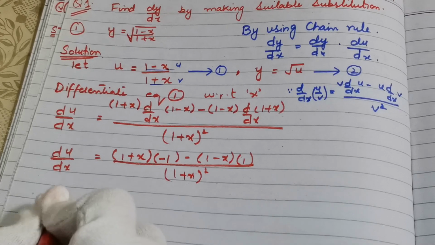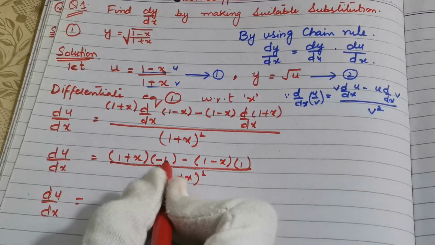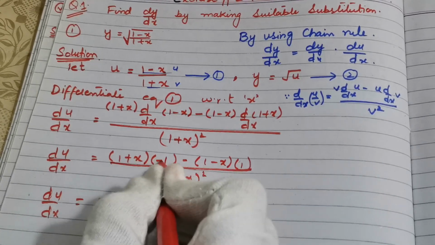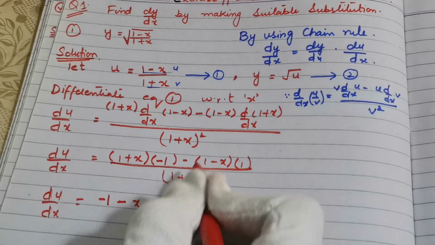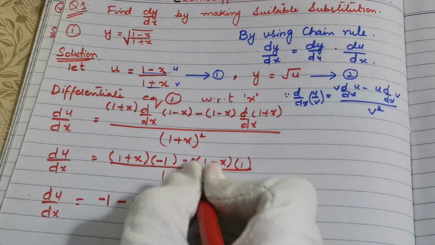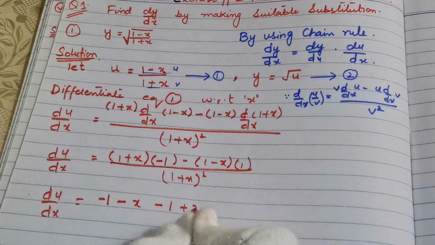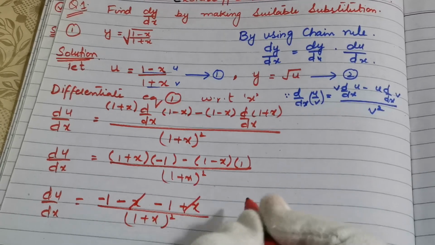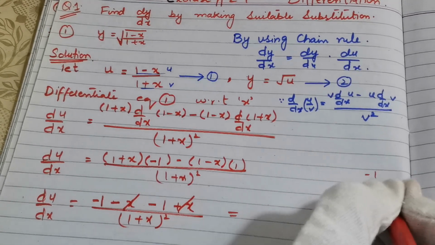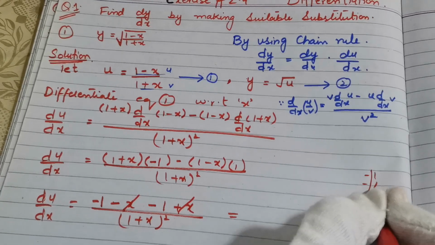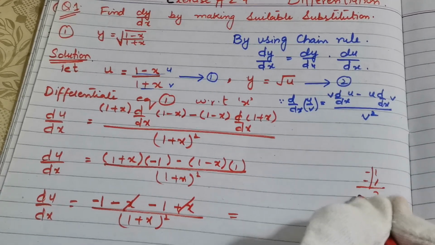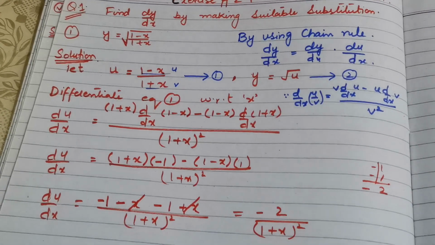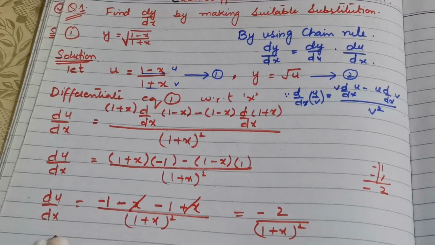Now du by dx is equal to, we simplify further, minus 1 into 1, minus 1 into plus x, minus 1 minus into minus plus x, over (1 plus x) whole square. Now minus x plus x both cancel each other, minus 1 minus 1 is minus 2, divided by (1 plus x) whole square.